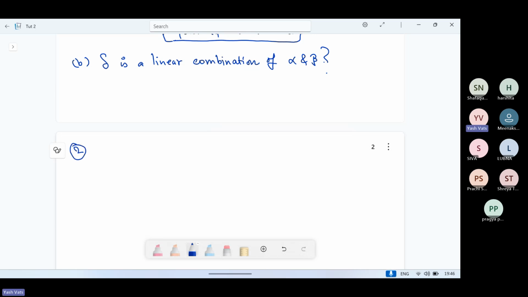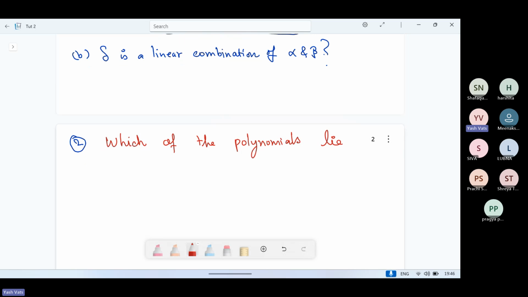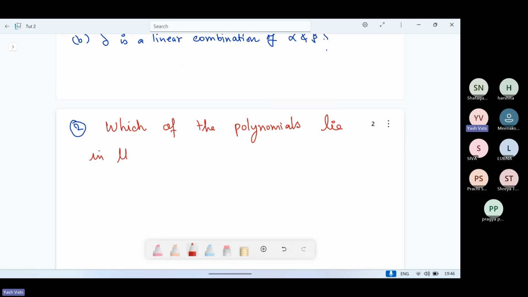Question 2 is which of the polynomials lie in the linear span of 1 plus x square, comma 1.